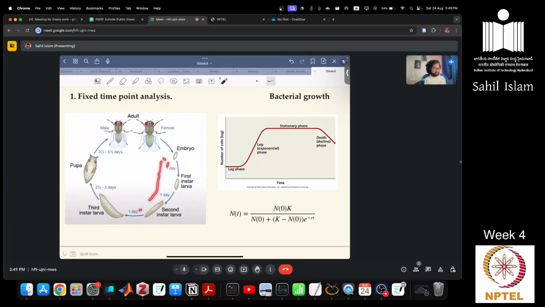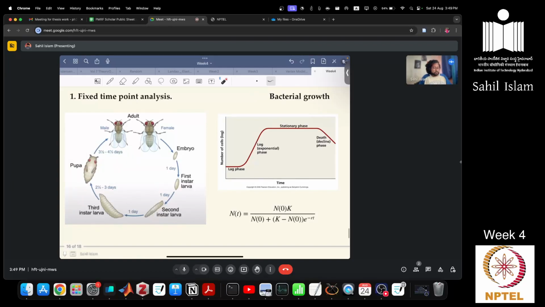After 2.5 to 3 days it becomes pupa, so this is not the same as the one-day interval. Then about 3.5 days after becoming pupa, it becomes an adult, either male or female.